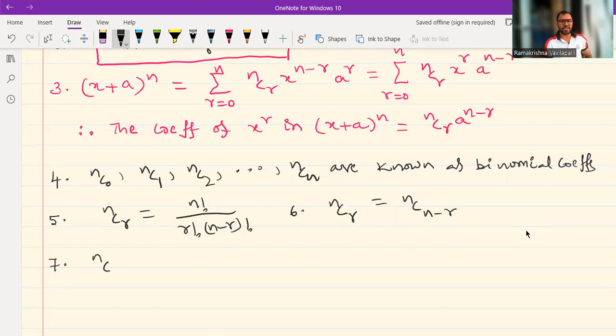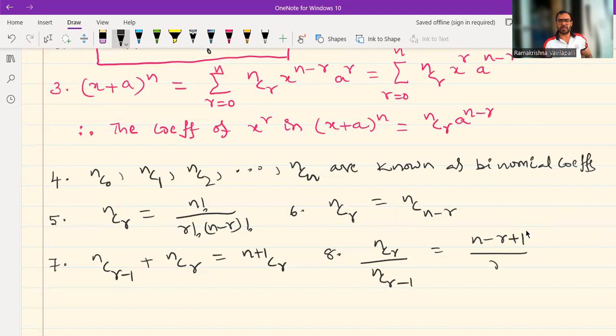We have another identity that nC(r-1) plus nCr equals (n+1)Cr. I am not going to prove this identity. My aim is just to revise binomial theorem very fast along with examples. nCr by nC(r-1) equals (n-r+1) by r.